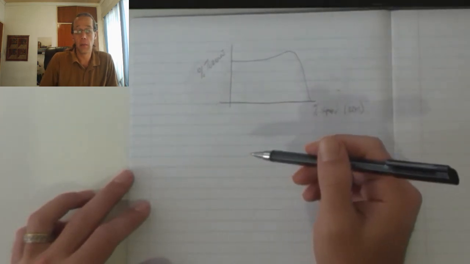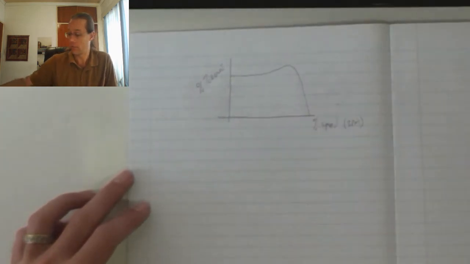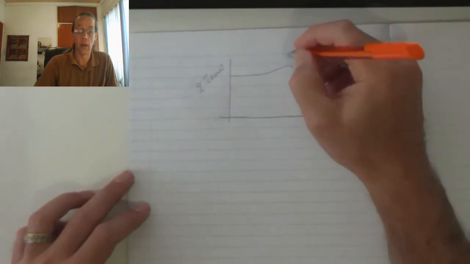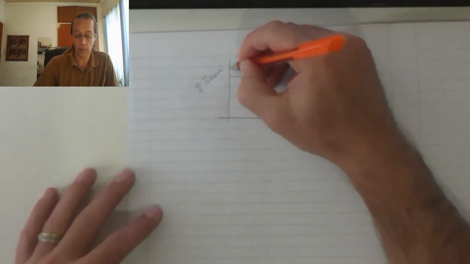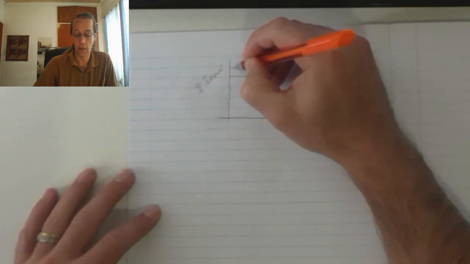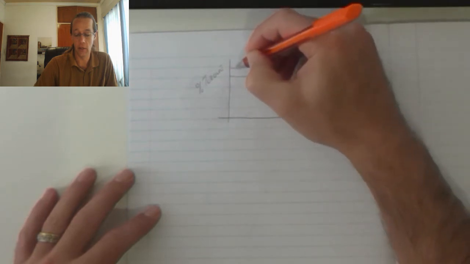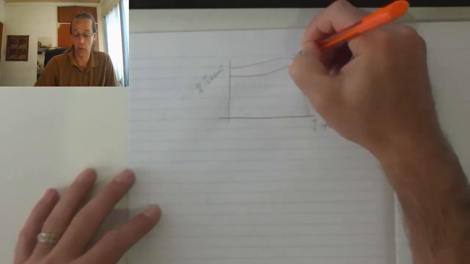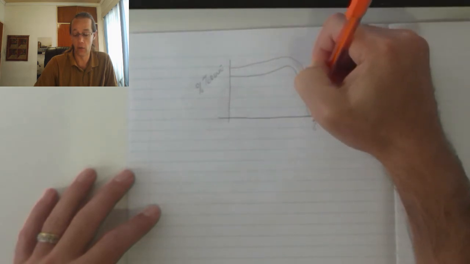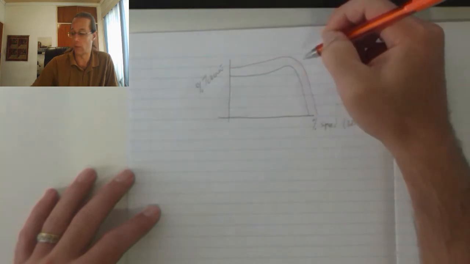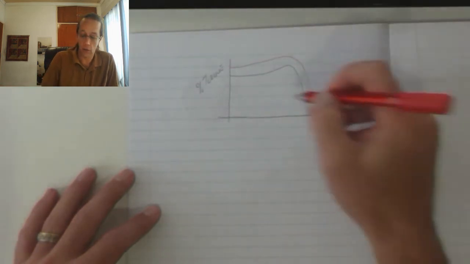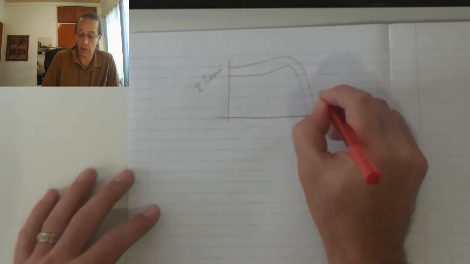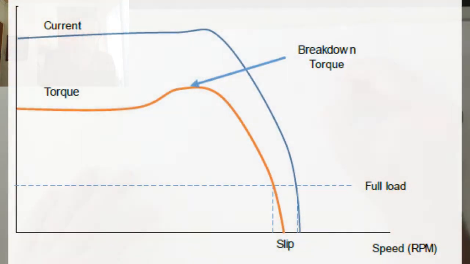When we compare the speed, torque and the current, we will see we get something similar. As the speed increases, my current will increase, and then also you'll have that sharp drop off. Okay, now on this graph we can see a specific point, and that point represents full load.